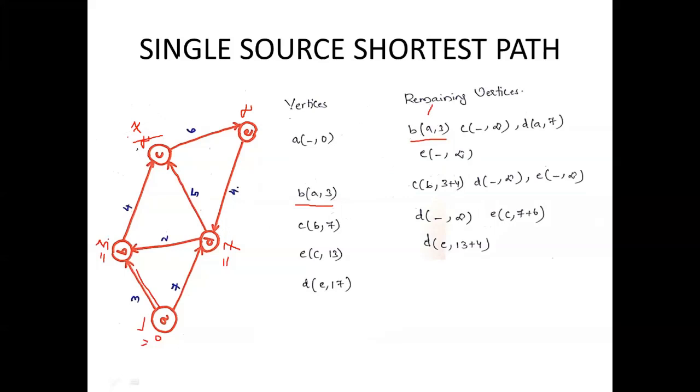So now what is the weight? We can add these two weights, that is 3 plus 4. Now I get the weight 7, and the previous value was infinity, and it is going to be updated. And after that, from B to D, I cannot move from B to D. It is not at all possible. So I can't move here, so still it is infinite.